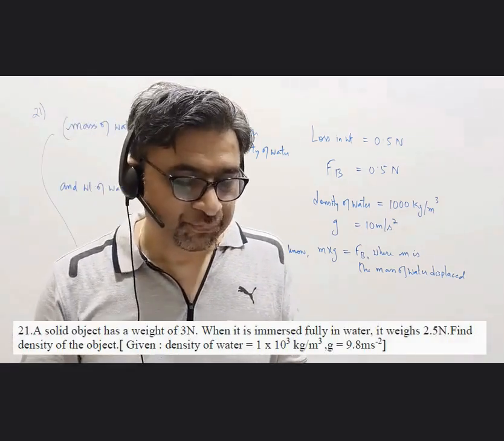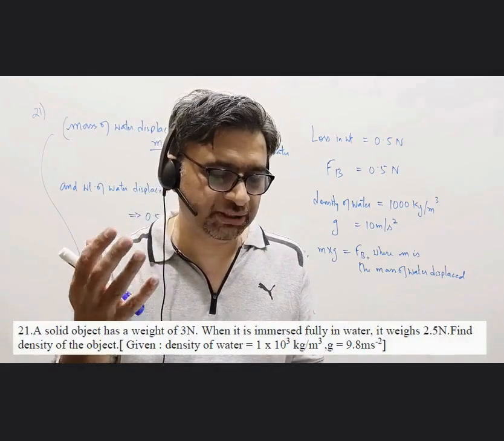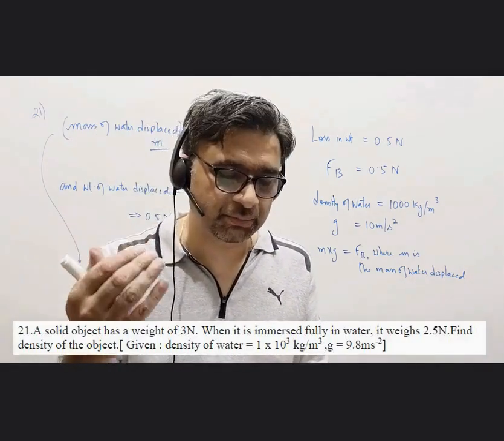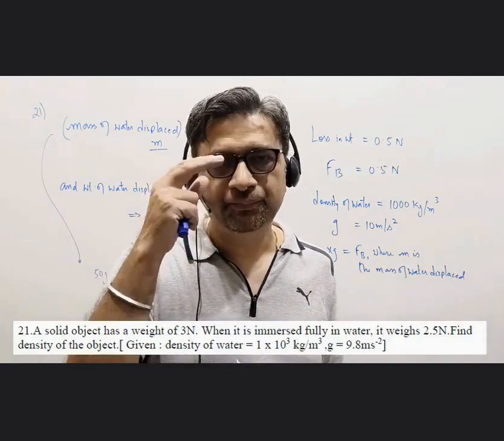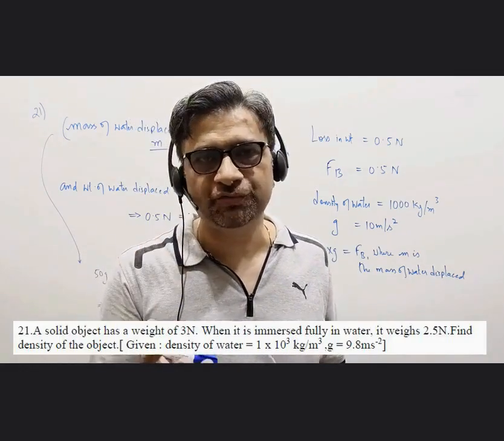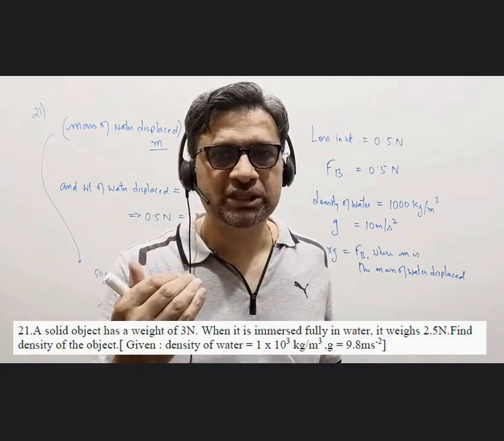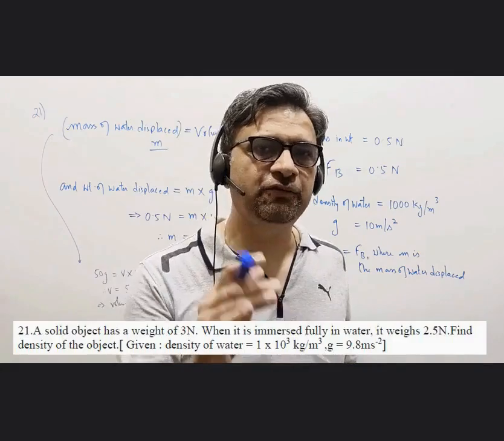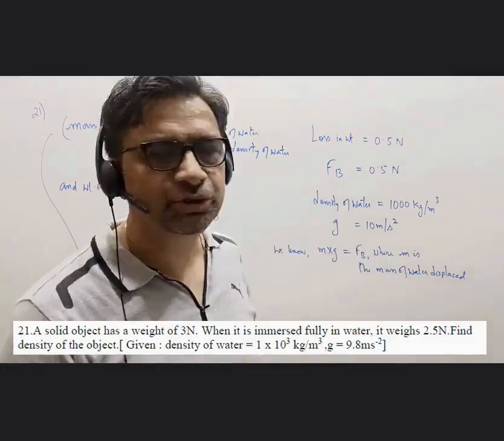What do we interpret? A solid object has a weight of 3 newtons, and when it is immersed, it weighs 2.5 newtons. So you would agree that there is some loss in weight. This loss in weight is because of the buoyant force. So is it not fair to say that the buoyant force acting on this object is 0.5 newton?